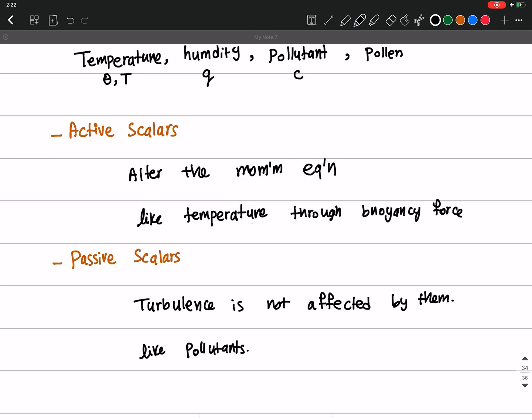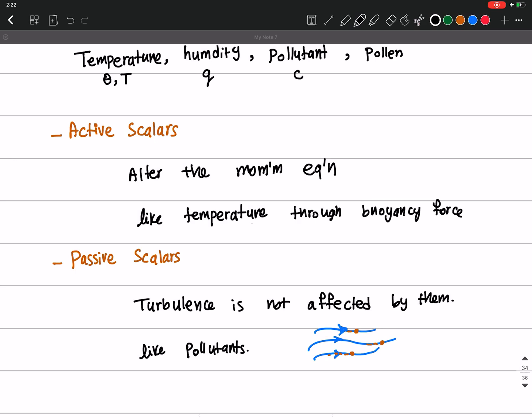Pollutants typically act as passive scalars, and they do not impact or affect the turbulence and the wind flow field. Pollens, too, just move as passive scalars within the flow. So if you have a flow like this, these passive scalars just move within that flow. They don't really affect the flow motions and the turbulence in the flow. Okay, so these are called passive scalars.